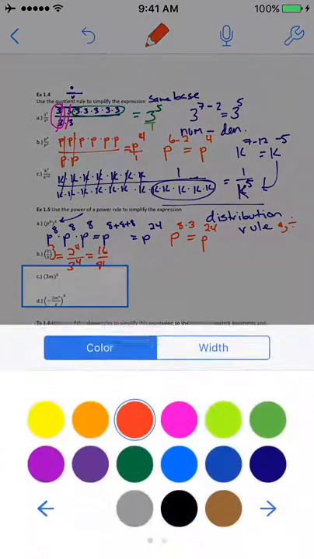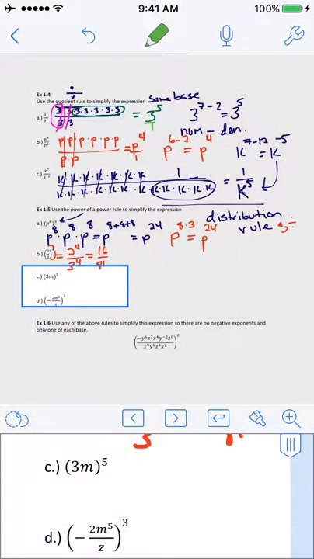Same thing happens in C with multiplication. But this is where people trip up a lot. I don't know why, but just because you have a coefficient doesn't mean the coefficient gets left off. This is where that parentheses comes in again. Because the 3 is in parentheses, this is the same thing as 3 to the 5th, m to the 5th, okay? It is not 3m to the 5th. Do not be lazy.